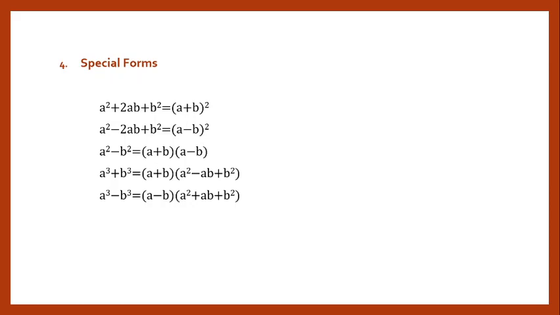Okay, we have the last one, the special forms. If you notice, they come from special products. So, it is like we reversed the special products. We have 1, 2, 3, 4, 5, 6. Like special products, you try to use the forms and then substitute the given.